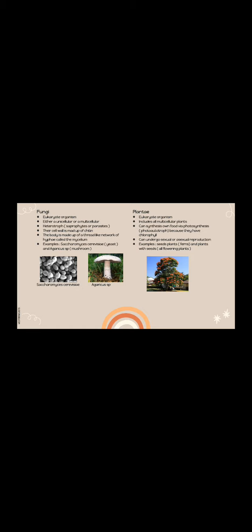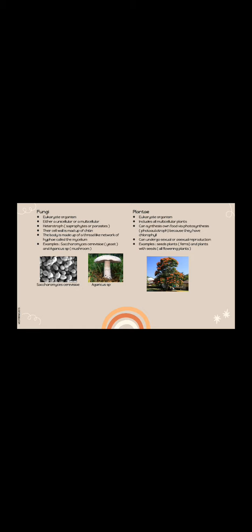We proceed with the fourth one, fungi. Eukaryotic organism, either unicellular or multicellular. Heterotroph, the cell wall is made up of chitin. The body is made up of a thread-like network of hyphae called the mycelium.